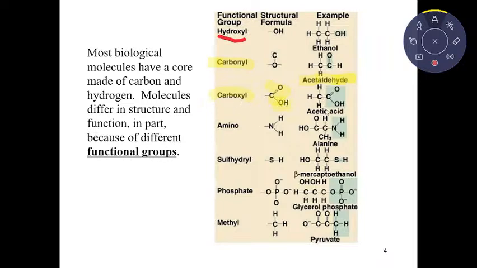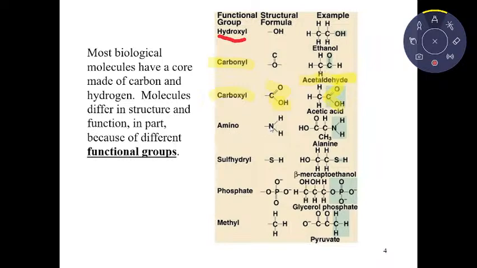This is the structural formula of carboxyl. We'll take acetic acid. In this, there are two carbons, and one carbon carries the carboxyl group. And next, the amino group.